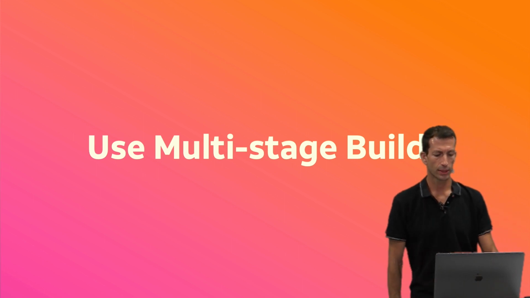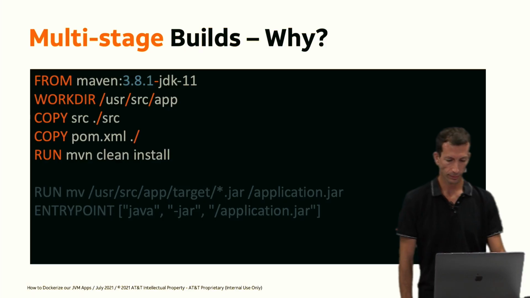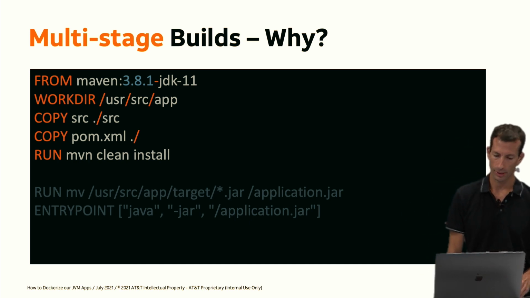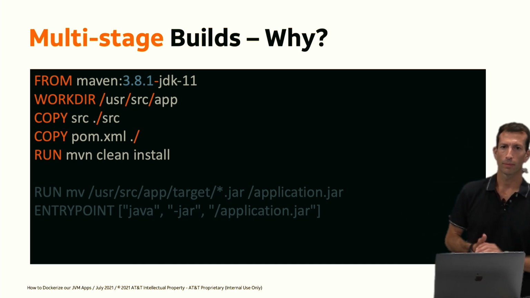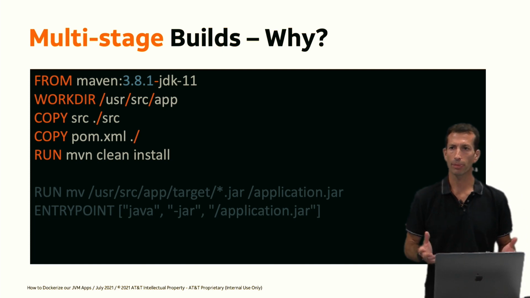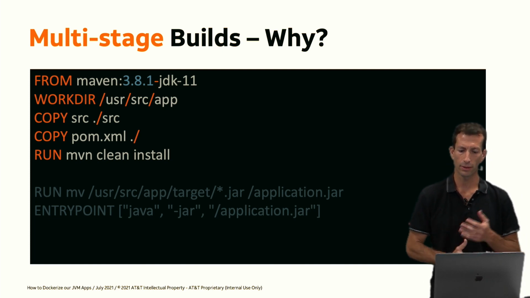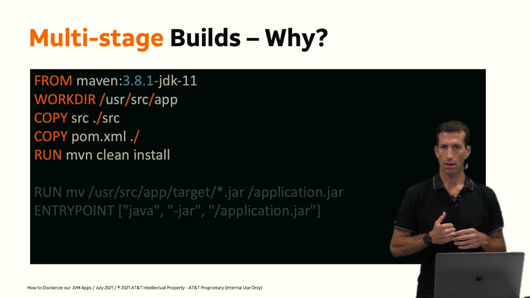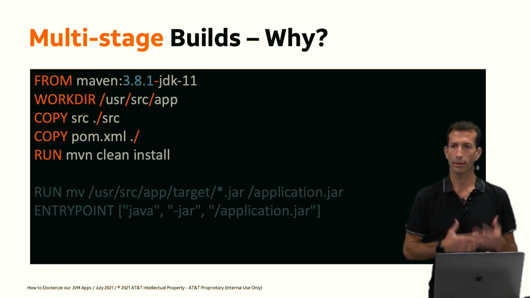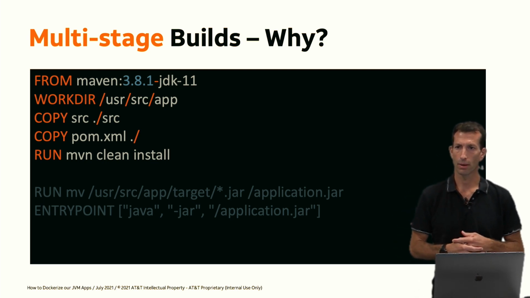Let's talk about using multistage builds. So what are these multistage builds? Well, sometimes when we have complex builds, we need to do things like first compile and build our artifacts.